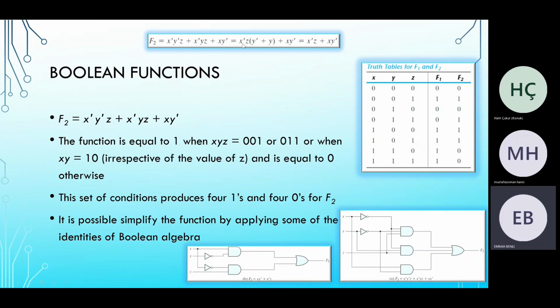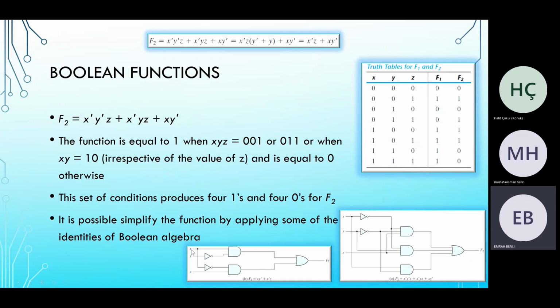So what we did here, x prime and z, x prime and z, x prime and z, it's common here, and you get the parentheses, and y prime or y comes from here. So what is that? This is 1. So we had x prime z or x and y prime. So we made it simple.